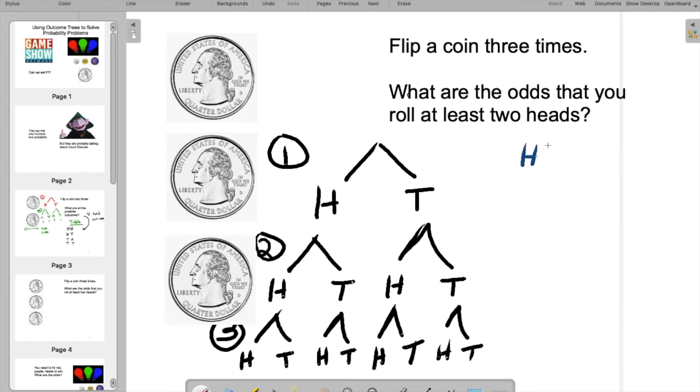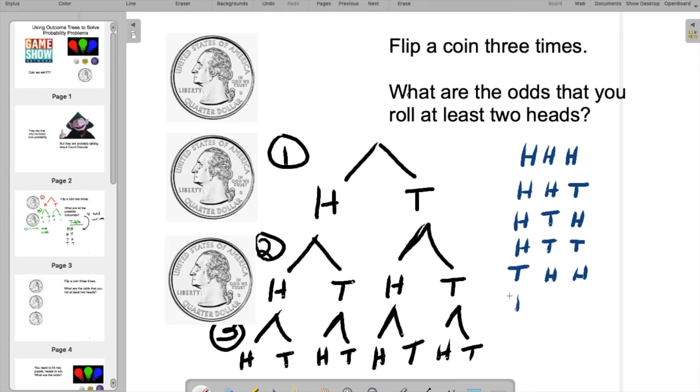Therefore, the first item is heads, heads, heads. Item 2 is heads, heads, tails, if we follow it down the tree. Item 3 is here. So we go heads, tails, heads. Item 4 is heads, tails, tails. That's right here. Item 5 now is tails, heads, heads.